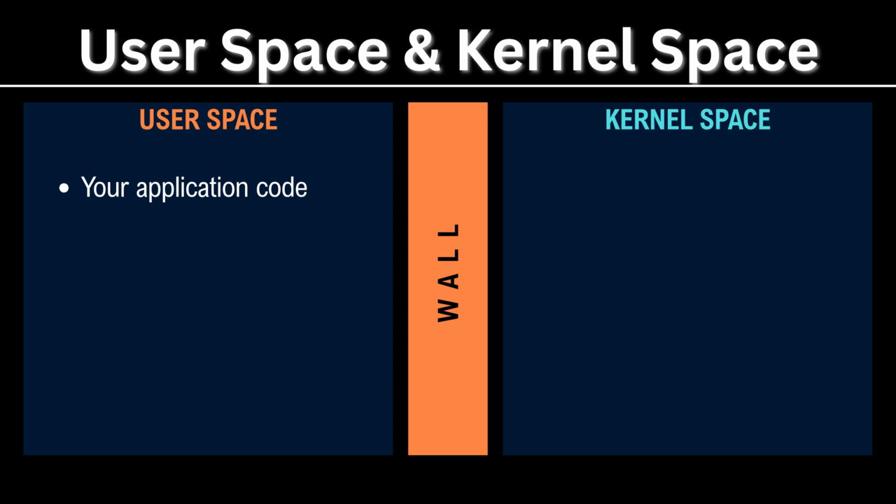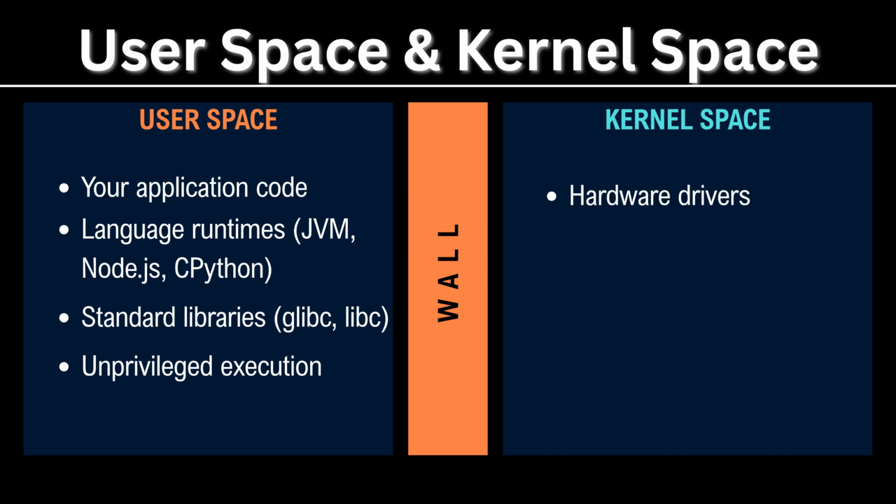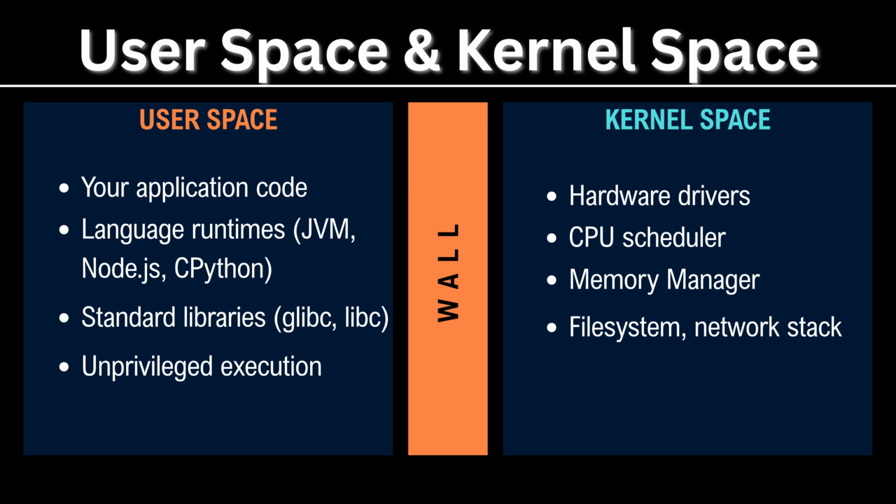Your program lives in what's called user space. Your application code, the language runtime, the standard library, all of it runs here in an unprivileged execution environment. On the other side is kernel space. This is where the OS lives: the scheduler, the memory manager, the file system, and the network stack.